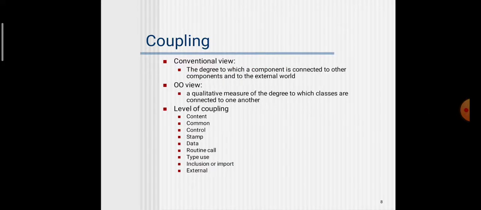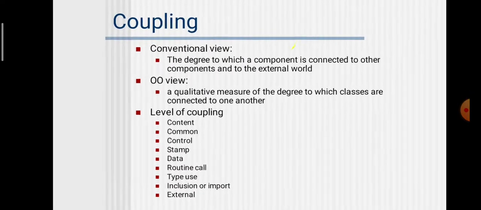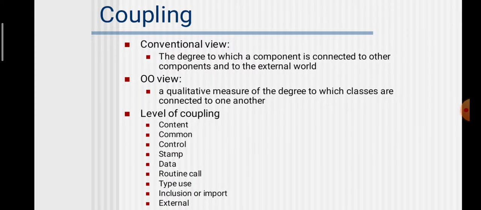Now there is another factor called coupling. What is coupling? In the conventional view, it is the degree to which a component is connected to other components and to the external world. When it is connected within itself, we call it cohesion. When it is connected to other components, we call it coupling. In the object oriented view, it is a qualitative measure of the degree to which classes are connected to one another.